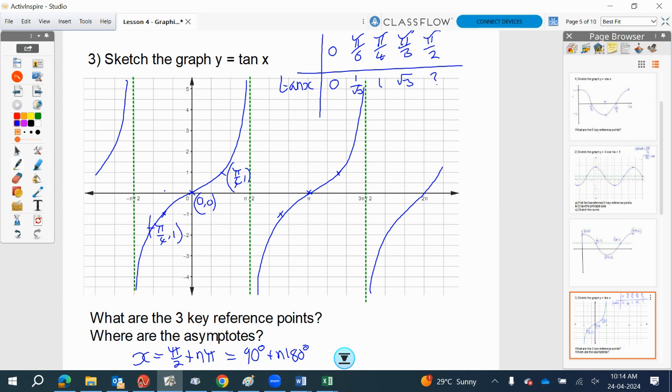This is all about the asymptotes, this graph. You get the asymptotes, you basically got the graph. The reference points are useful for showing stretches.